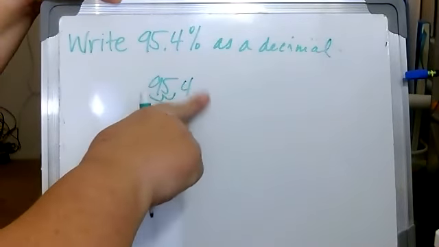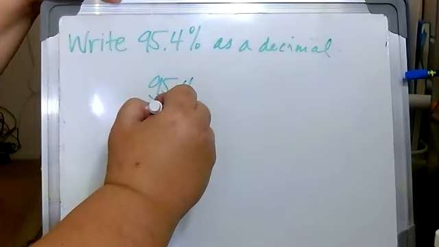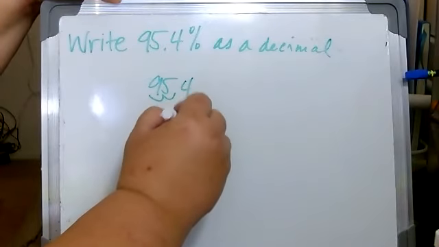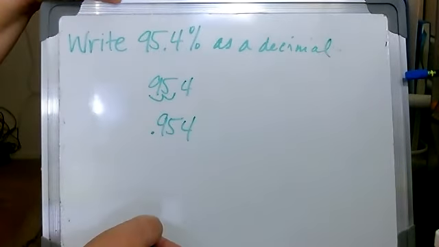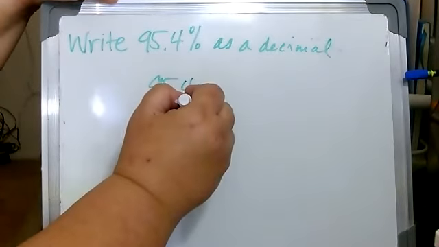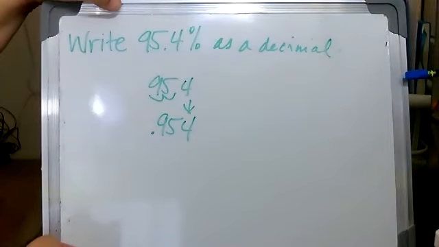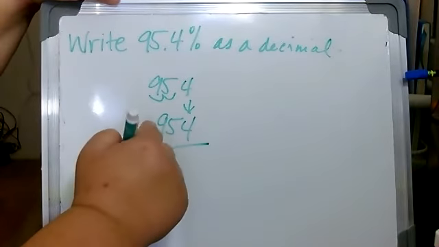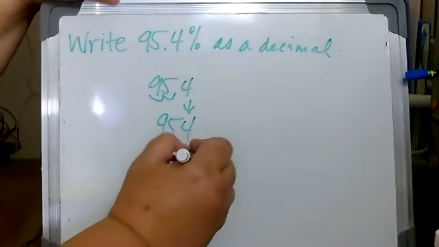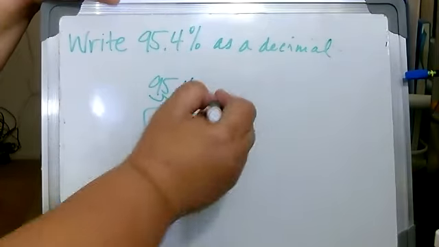And that right there is our decimal, 0.954. And just for fun, if we wanted to make that into a fraction, we would have to realize that this is carried out to the thousandths place. So we would put this over 1,000, and then we would reduce it from there.